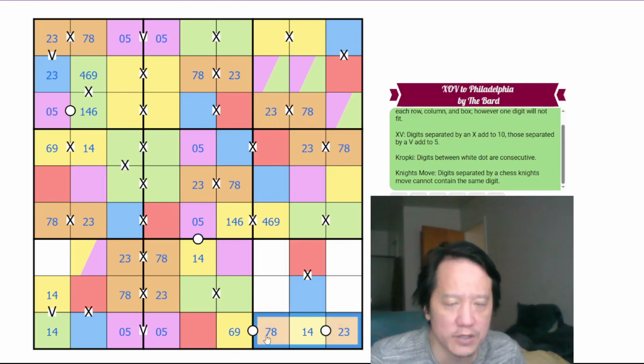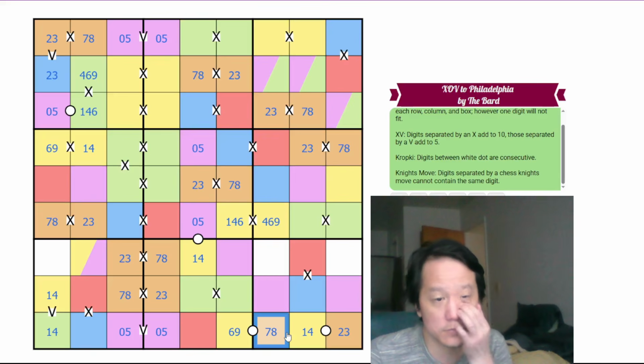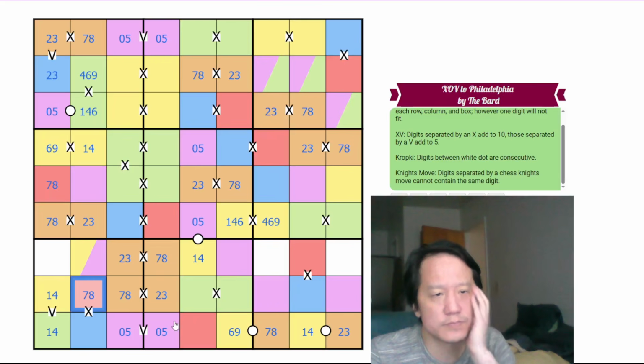Okay, so we're missing a green here. We have to have both 0.5s, so this is pink and this is pink. We're missing a green here. So we have one green here, we're not sure which. Red is 7 or 8.